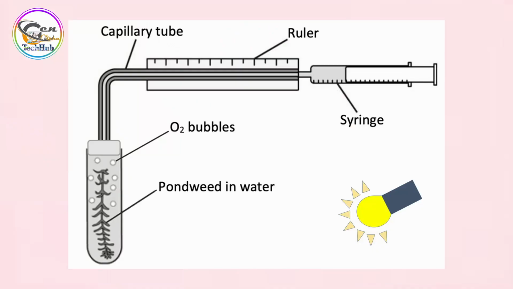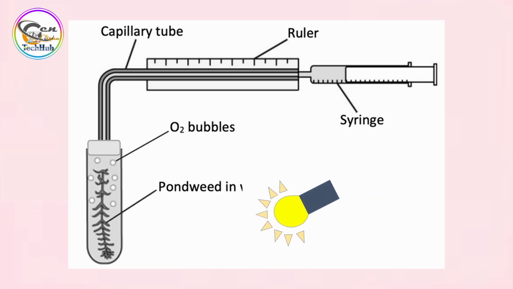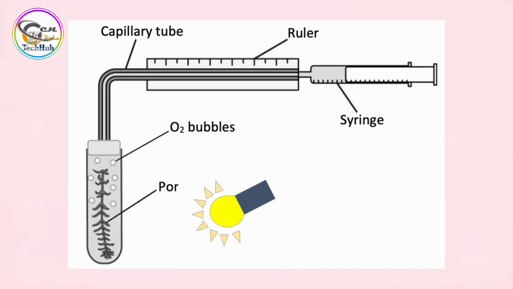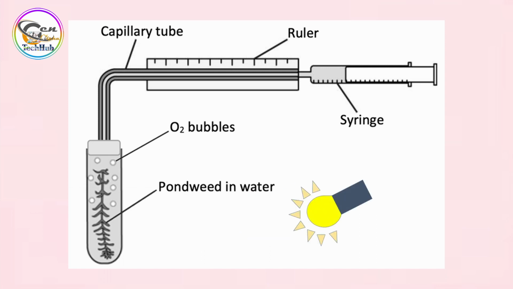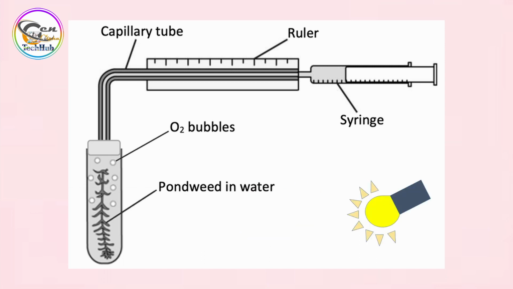The distance between the water plant and the lamp determines the light intensity. You move the lamp closer to the plant, and the light source will be of high intensity because it's closer to the plant. You move the lamp away from the water plant, and thus we are reducing the light intensity.